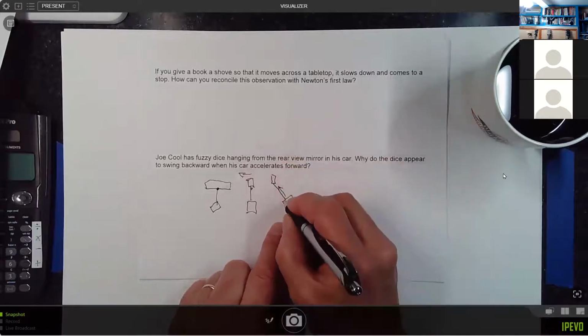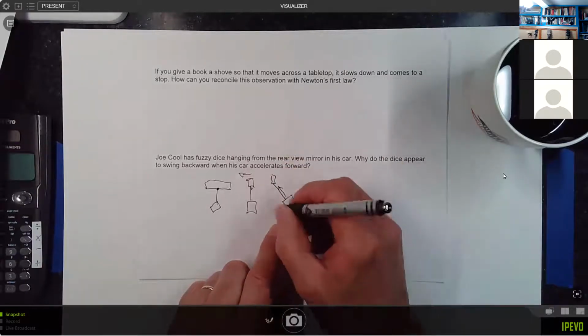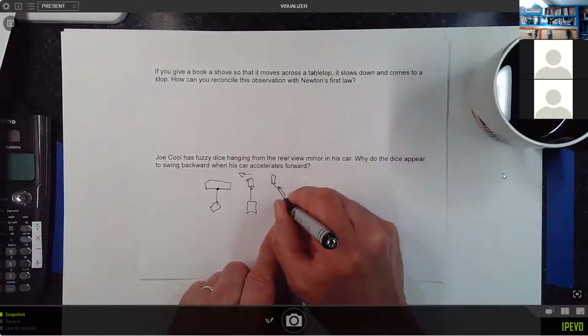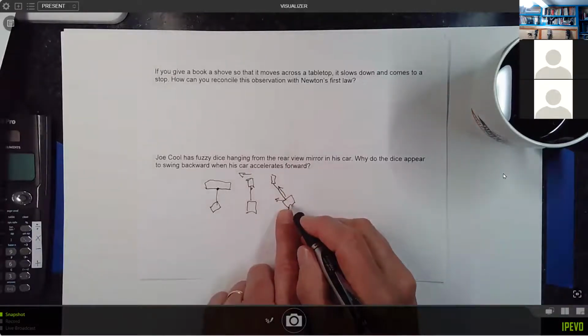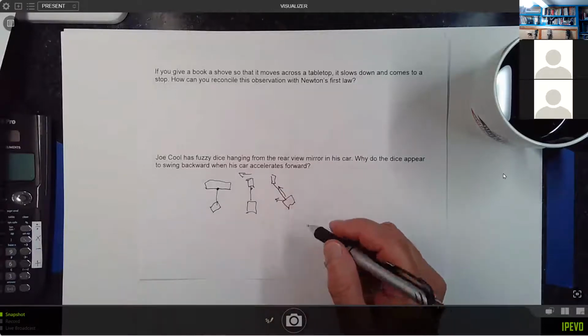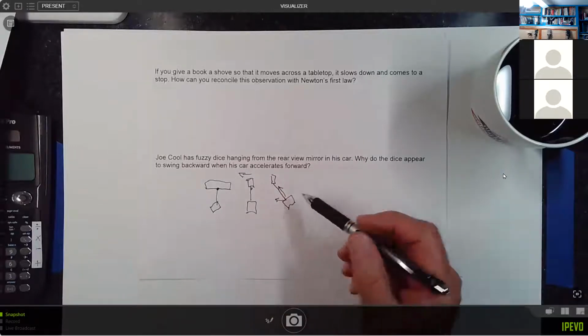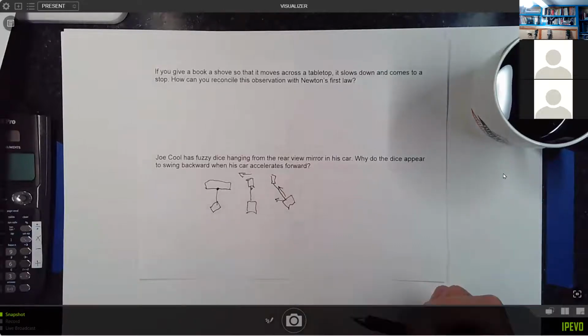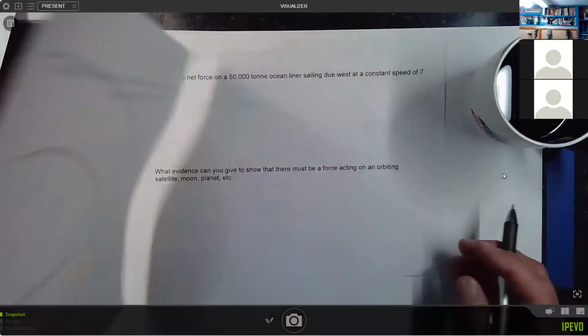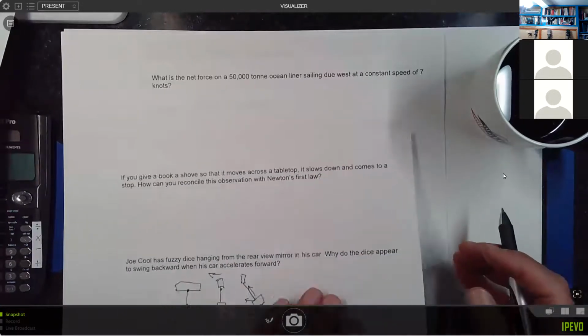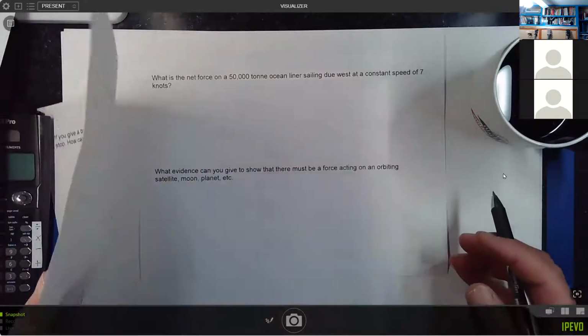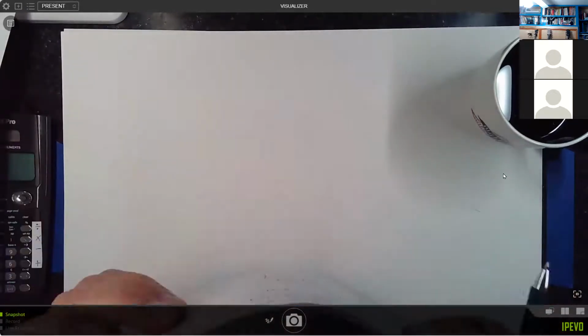That string force, which we call tension, will have to have a forward component if it's going to accelerate the dice forward. It's the string that has to accelerate the dice along with the car. That's more of a Newton's second law question. Might get to that one tomorrow.